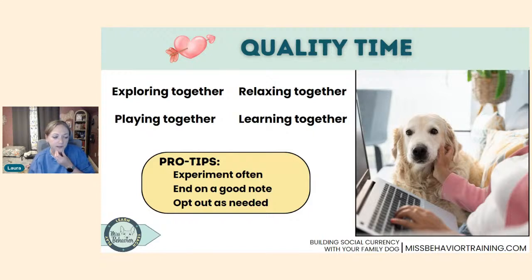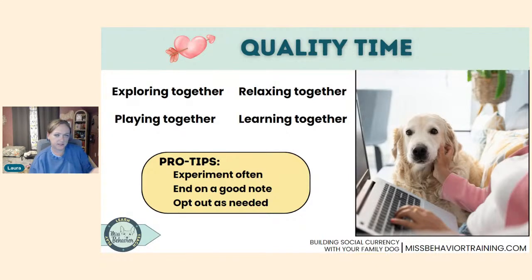On a good note, I always try to not push my dog so far into the quality time that she's like, okay, I'm good. If you're learning together, trying to teach them something, try to stop before they're over it or before they feel frustrated. Then you can go back for more later. And always opt out as needed.